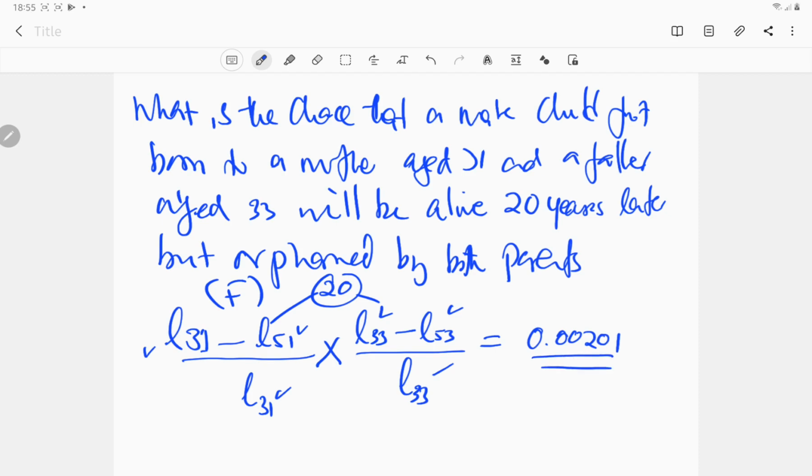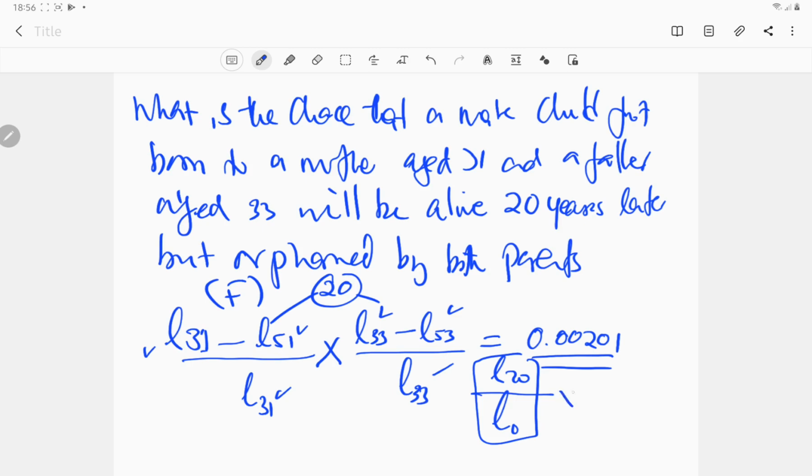So having obtained that, if we have any child who can live 20 years, it means that the child was born in the cohort l0 and then survives into l20. So this is the child.